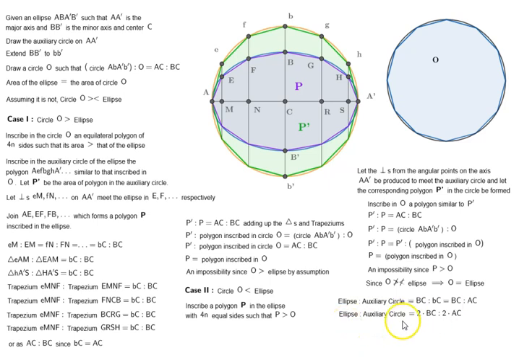So we can say the ellipse is to the auxiliary circle as 2 times BC is to 2 times AC. Or in other words, the ellipse is to the auxiliary circle as B B prime is to A A prime. So that is proposition number 4 of the works of Archimedes, specifically from On Conoids and Spheroids.